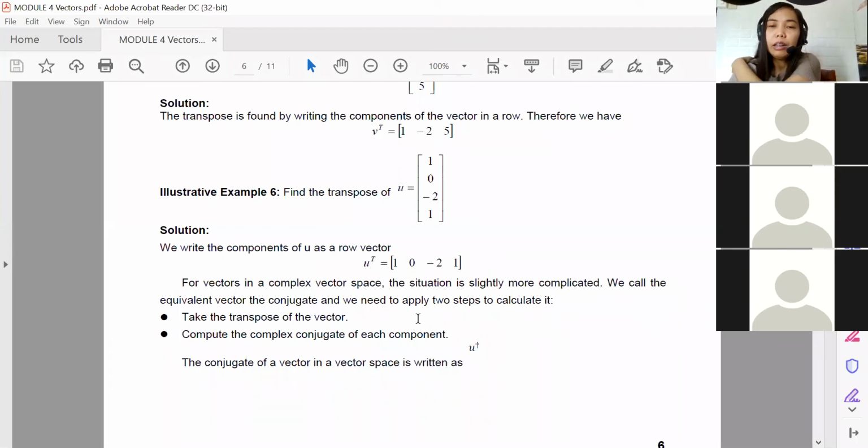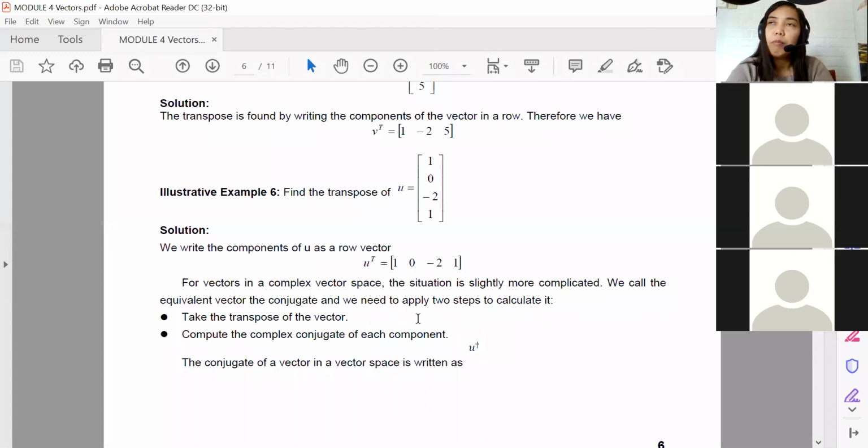Medyo madadagdagan lang. Like we did with the Hermitian last time in matrices, we had the Hermitian conjugate because some or all of the elements of the given matrix are complex or imaginary.